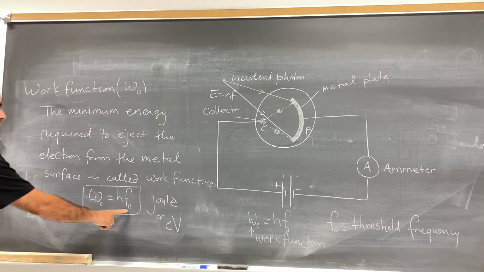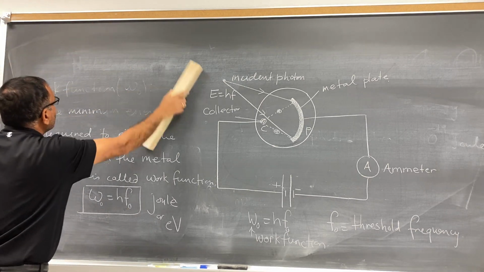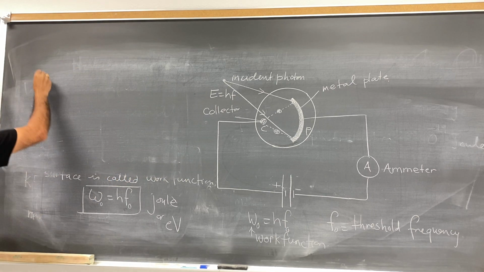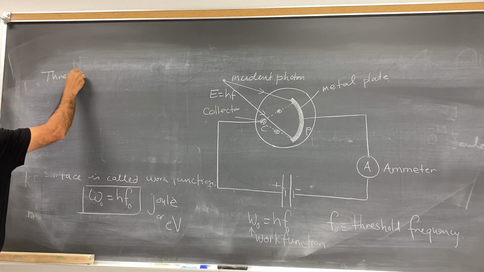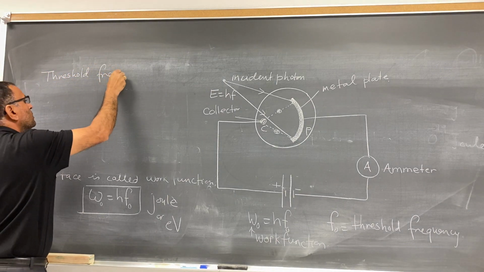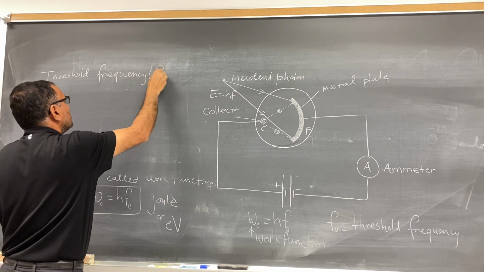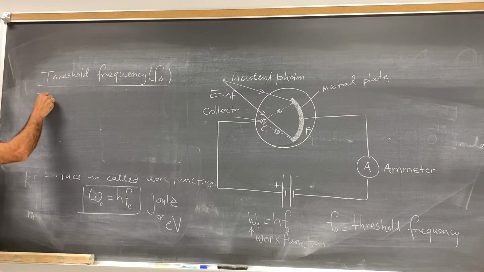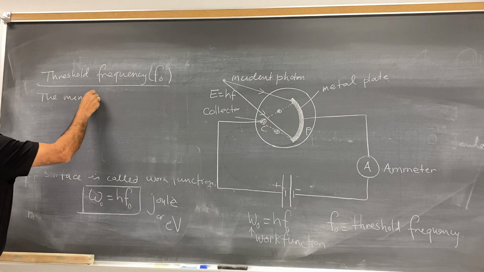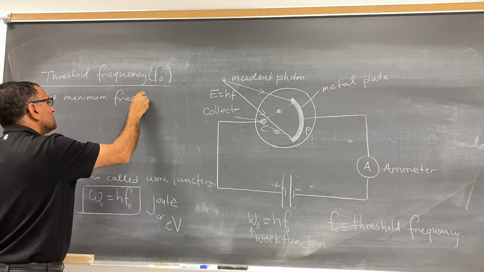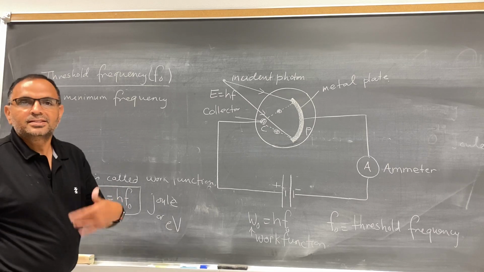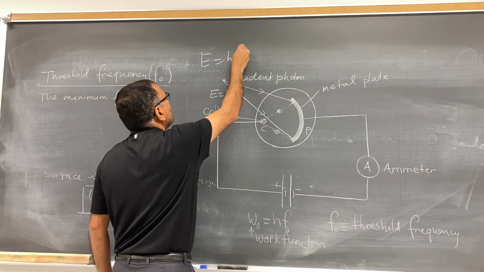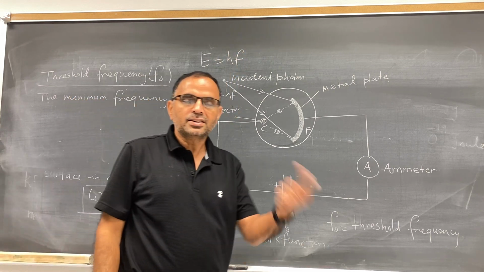And here f of 0 we call the threshold frequency. You can define the threshold frequency in a similar way. Threshold frequency, f of 0, is the minimum frequency, because you know that the energy depends on frequency: the energy formula E is equal to h times f, right? So if the frequency changes, the energy changes.